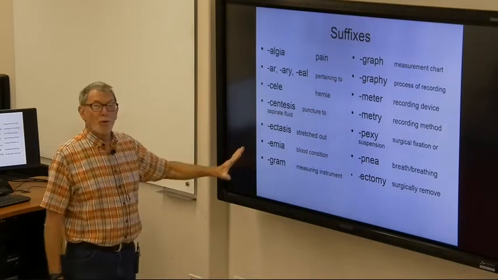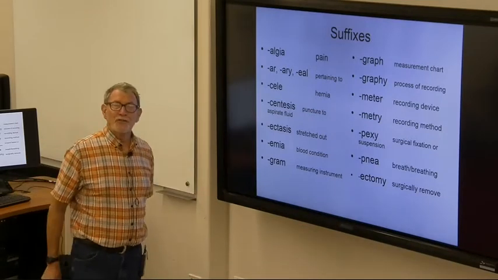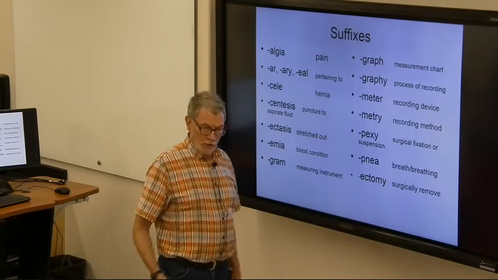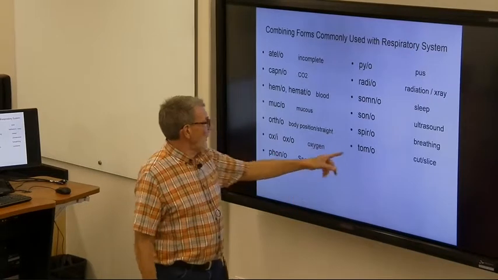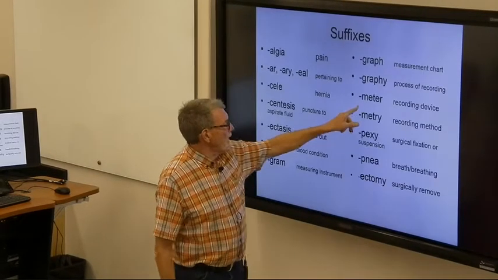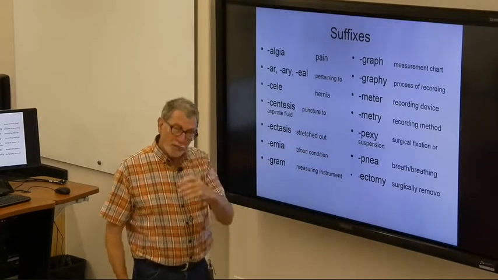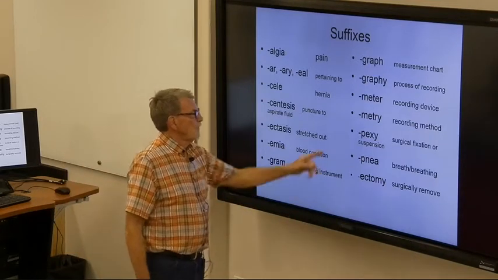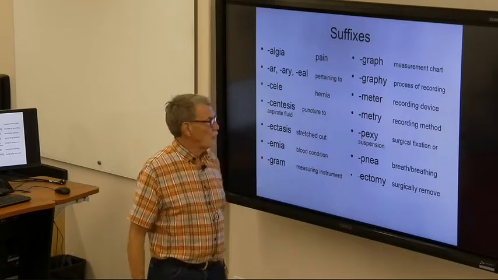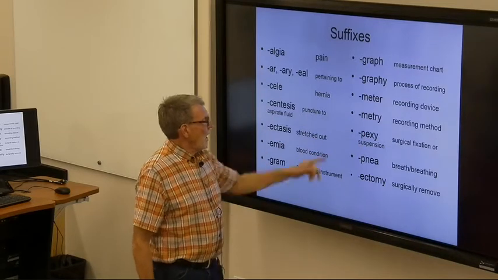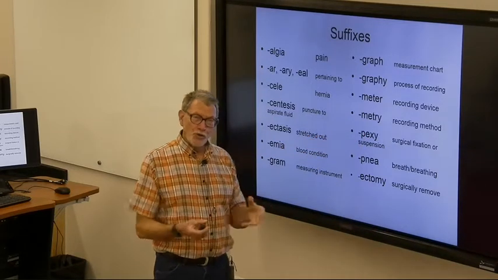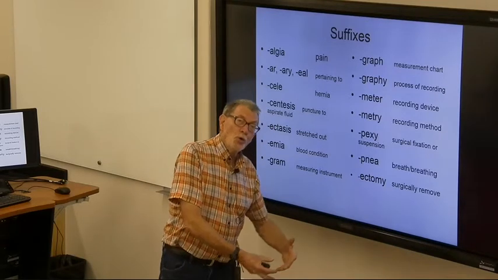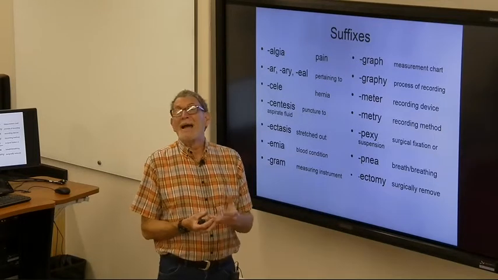And we have them for breathing too, but most people at least have heard of electrocardiograms. Meter is a recording device. Since spiro is breathing, a spirometer is a device to record your breathing patterns. Spirometry is the method of doing it. Pexy is a surgical fixation. If your kidney is hanging out of position, you pexy it back into place.